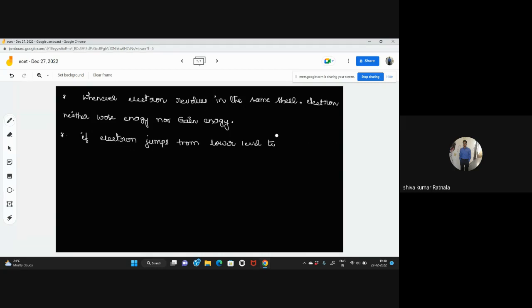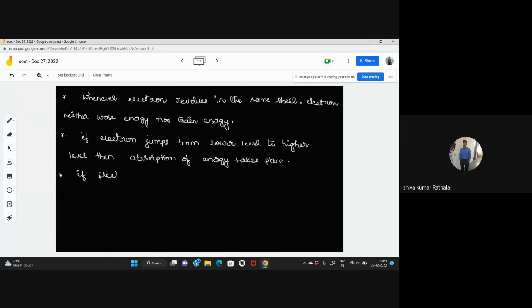If an electron jumps from a lower level to a higher level, then absorption of energy takes place.